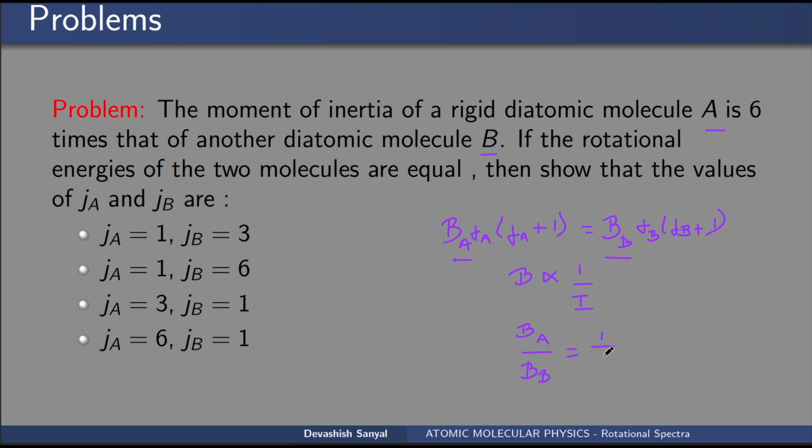So from there you can calculate what were the values of Ja and JB, and you can check. I think this will be the correct answer.